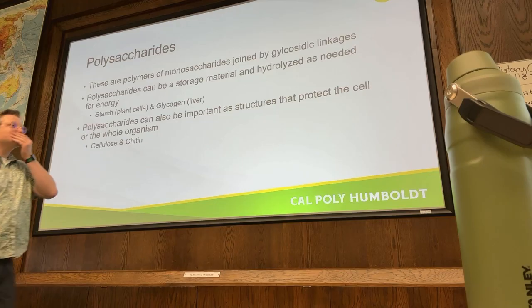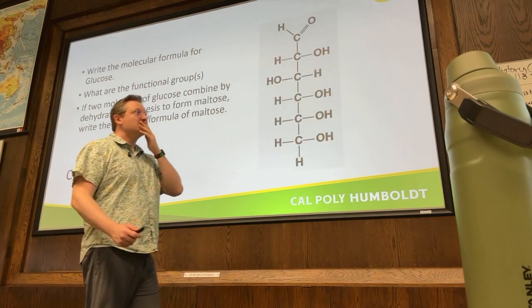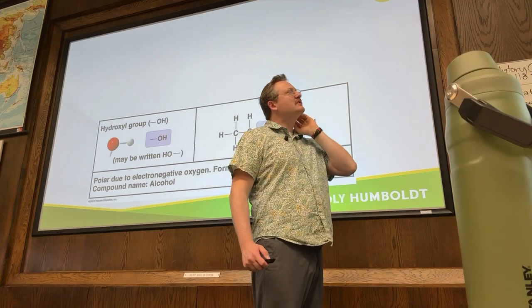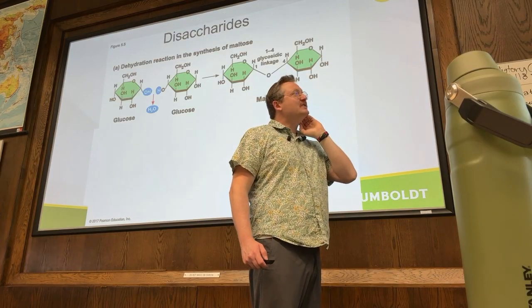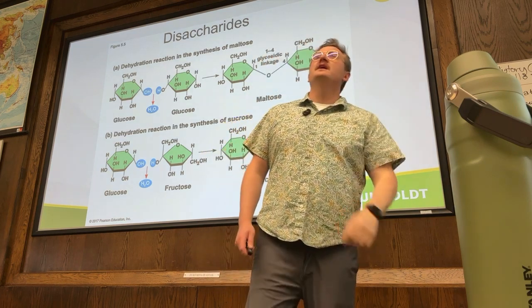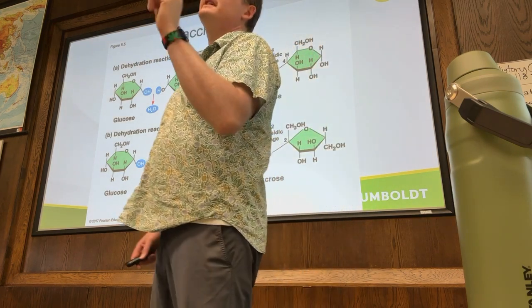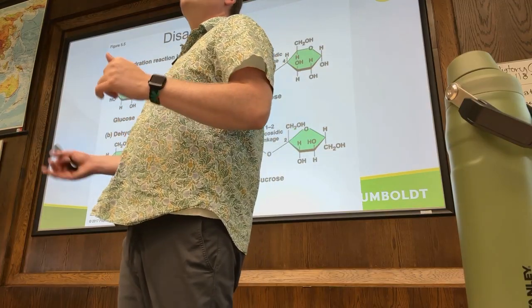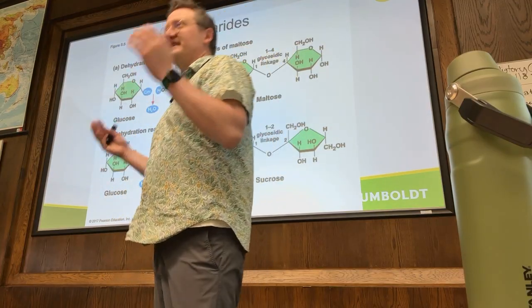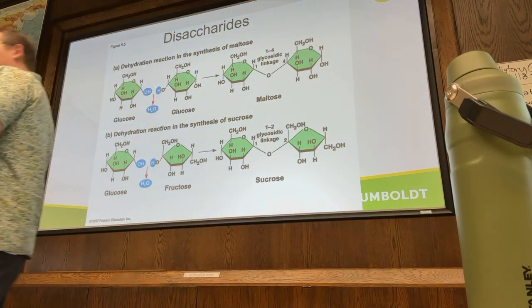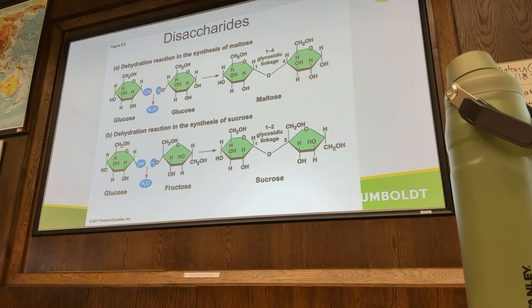When polymers are linked together, does every polymer use the glycosidic linkages? Great question. The glycosidic linkage is specific to the polysaccharide. So every polymer that we talk about has its own specific type of linkage. They do all use dehydration synthesis. Some of them have an oxygen in between them, some of them don't.